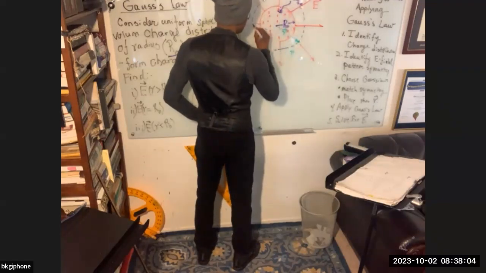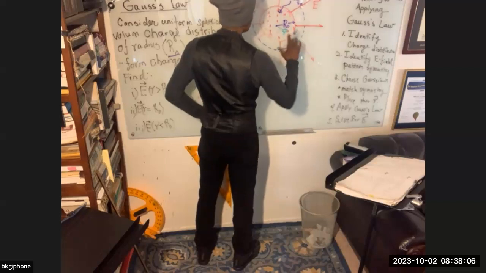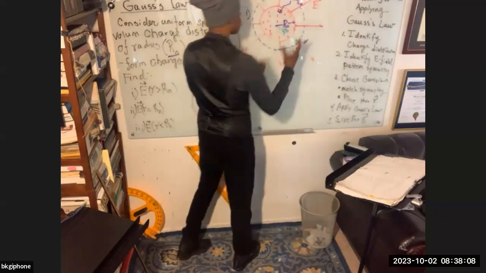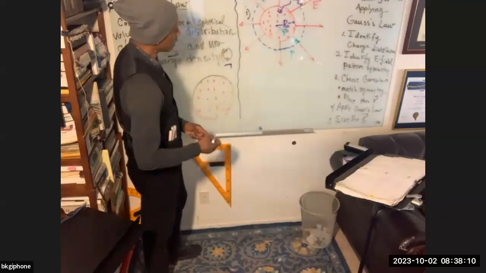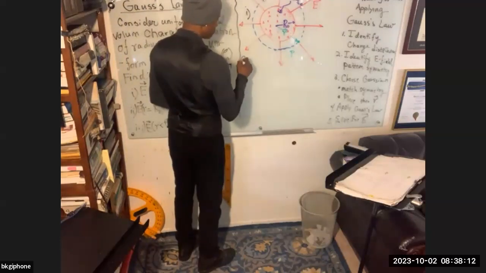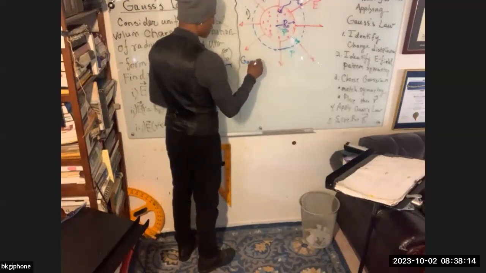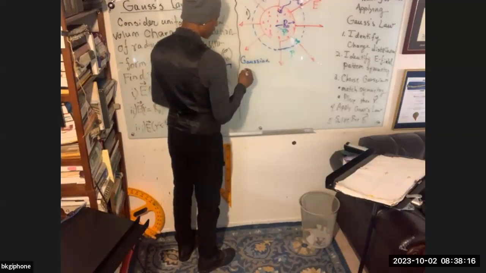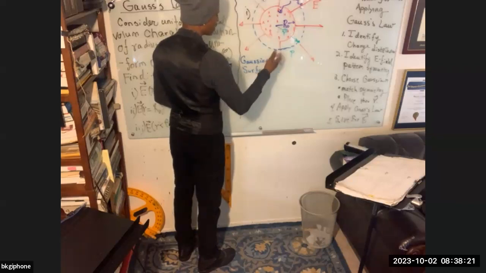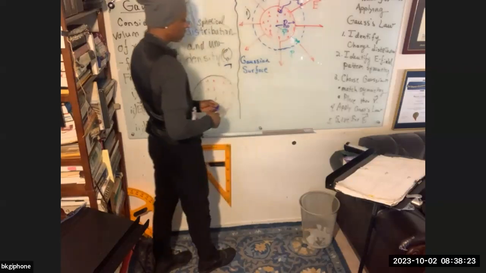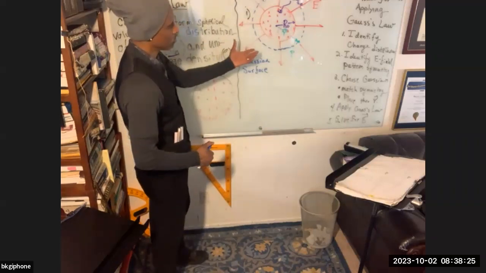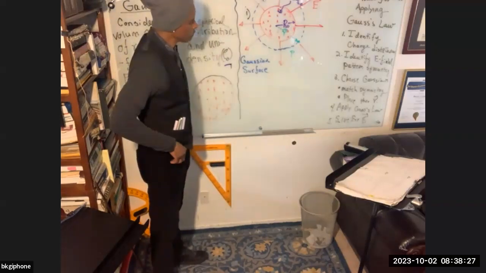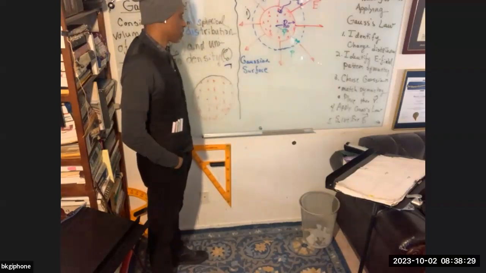It's a Gaussian sphere in this case, and it totally encloses the charge distribution. I'm just going to say surface, because it doesn't have to be a sphere. It can be anything, but you can always mold it to match the shape of your charge distribution.